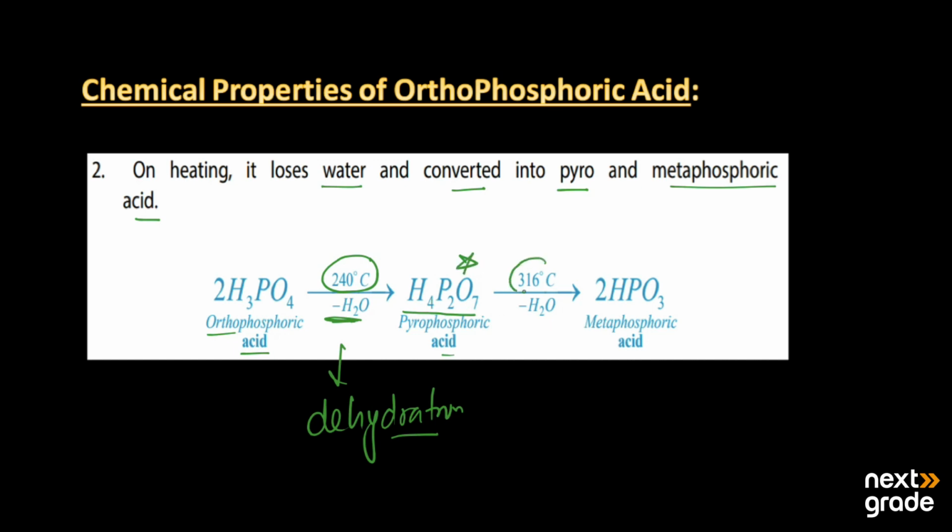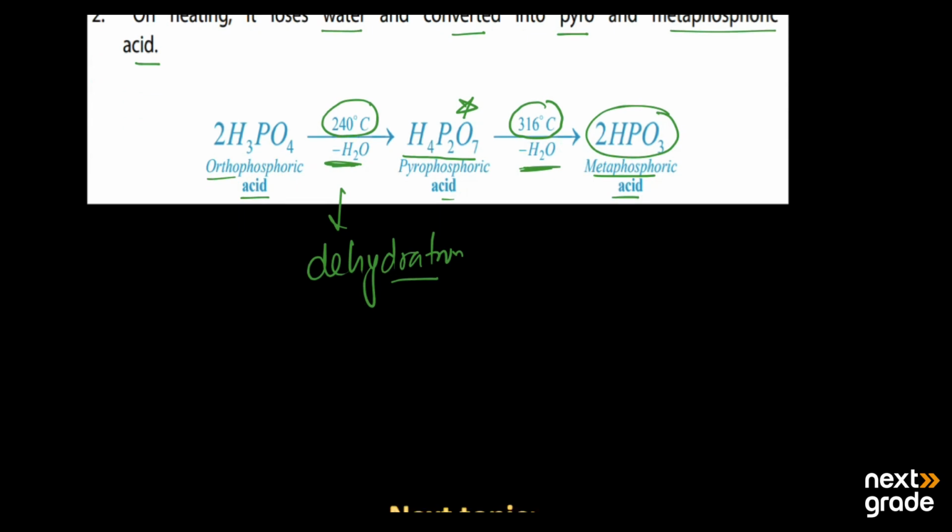When the temperature rises to 316 degrees Celsius, the remaining water is lost and it is converted into metaphosphoric acid, HPO3. So this is the simple chemical property of orthophosphoric acid when it is heated.